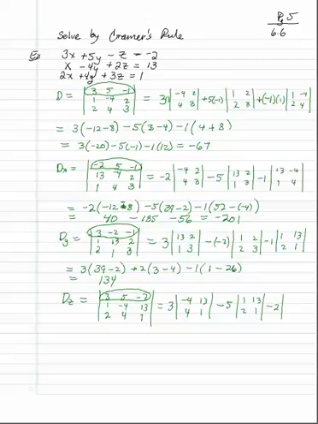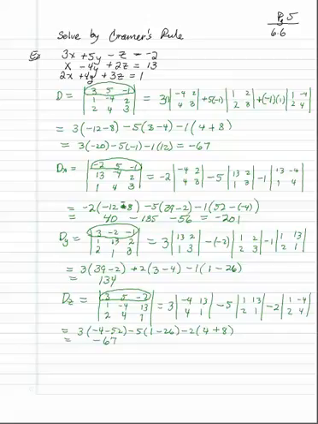Minus 2, so it's plus a negative 2, that's why I'm writing minus 2, times the minor, 1, 2, negative 4, 4. So we get 3 times negative 4 minus 52, minus 5 times 1 minus 26, minus 2 times 4 minus a minus 8, which is plus 8. And that gives me negative 67.